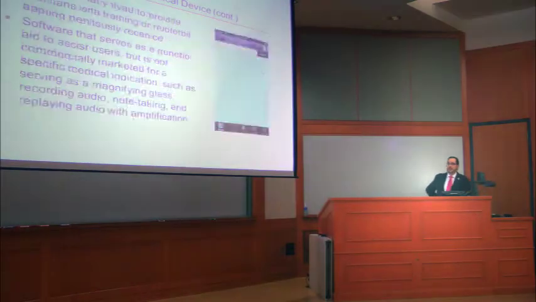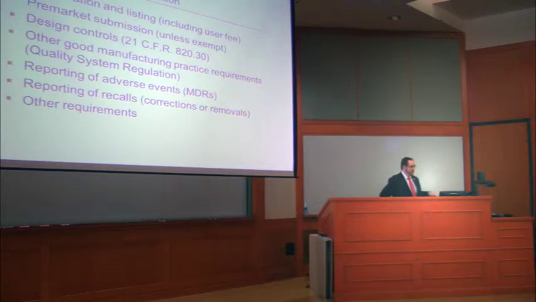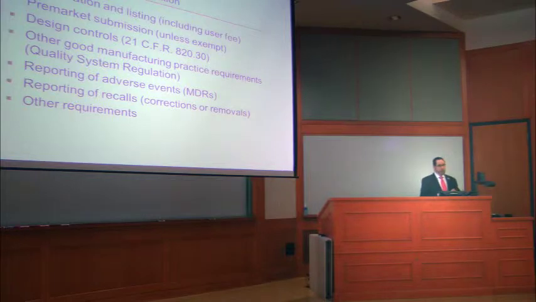What does that mean? And I'll skip ahead a bit. So if something is regulated as a medical device, that means that FDA has the authority to require manufacturers to register and list. Registration is essentially telling FDA where you are, where you're located. Listing is telling FDA what specific products you're making.